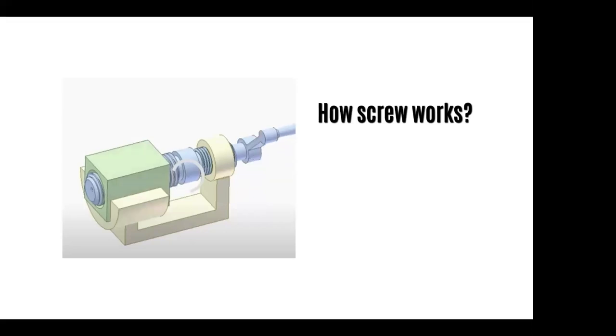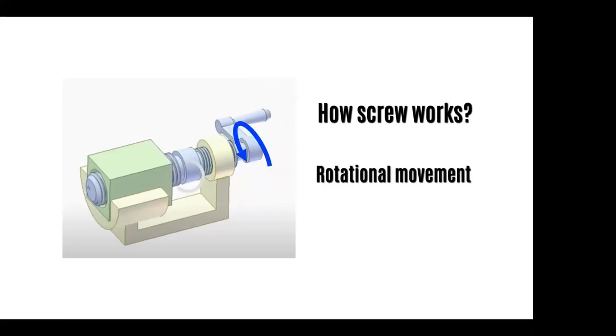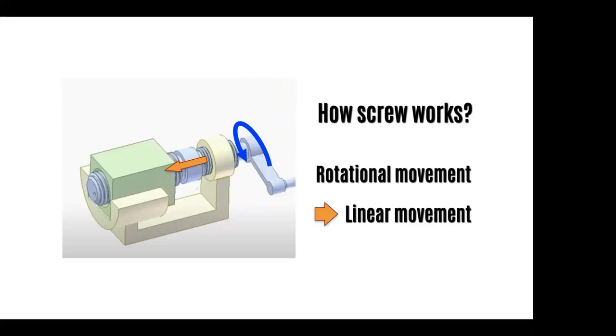You can probably take a look at this video clip. Screw is basically a tool that translates the rotational movement into linear movement. So when you rotate a screw, it moves along the long axis of the screw, either up or down, depending on how you design the thread.